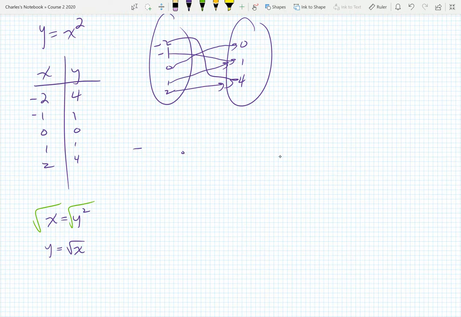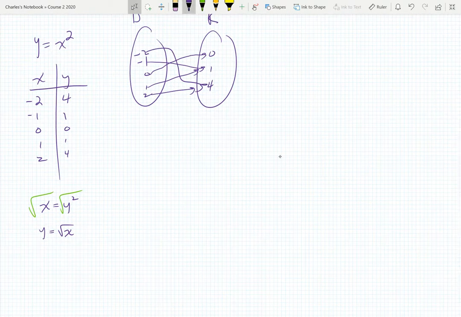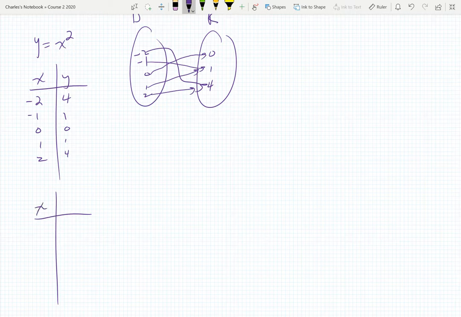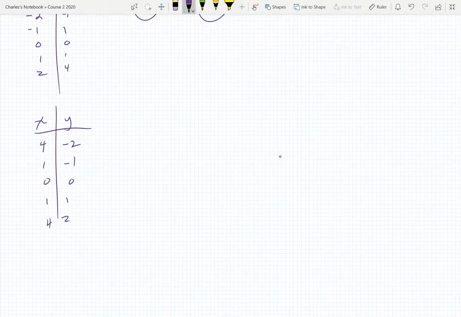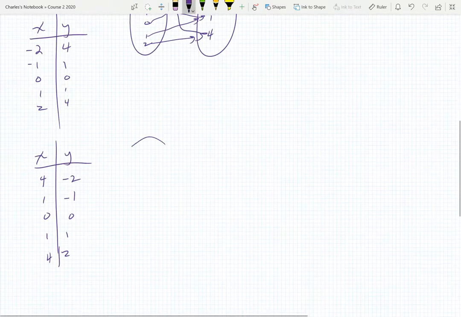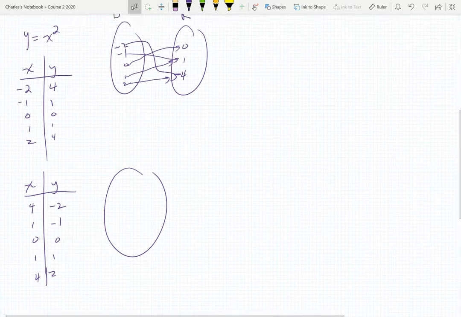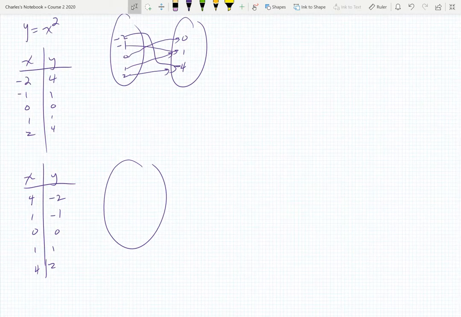So if I were to think of what the inverse function of this looks like, it technically would look like 4, -2, 1, -1, 0, 0, 1, 1, and 4, 2, which on one of these egg maps would look like, what would I have?